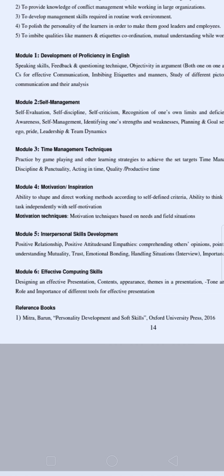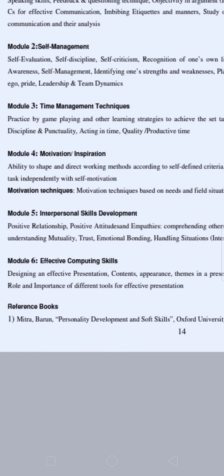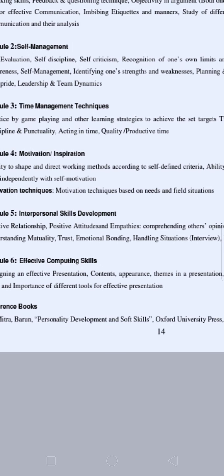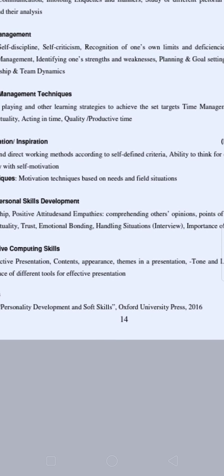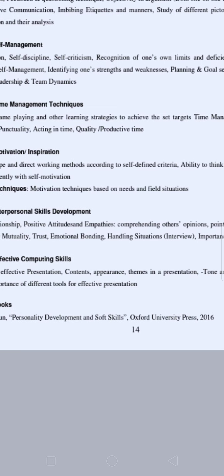So for reference books, one of the books given here is by Mitra Barun. The writer's name is Mitra Barun, and his book is Personality Development and Soft Skills, Oxford University Press, which is available in our library. Then there is 7 Habits of Highly Effective People by Stephen Covey. You may use this book also.